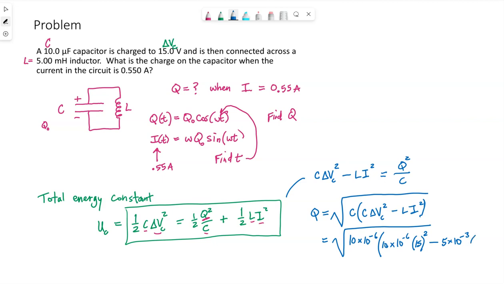And then I is the current at this moment in time. That current needs to be squared. So the charge at the moment in time, the current is 0.55 squared. I just need to go ahead and put these values in.